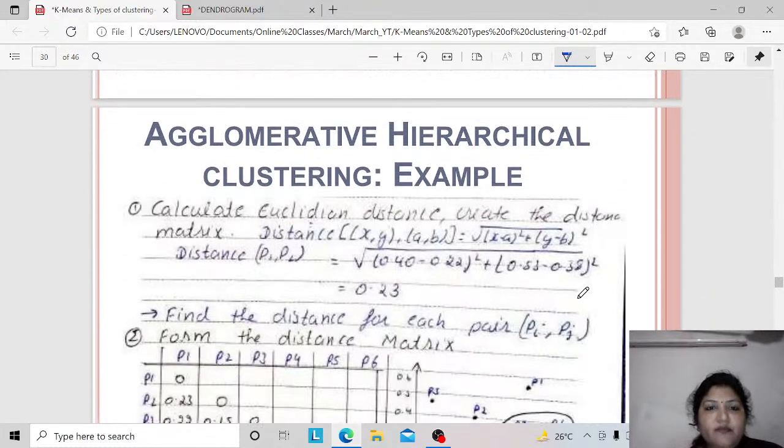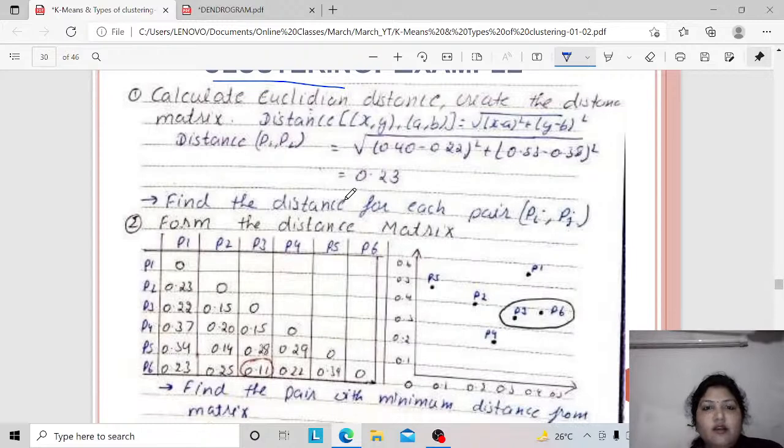And let us see how it works. Agglomerative hierarchical clustering example. So calculate Euclidean distance, create the distance matrix that you have for x and y, a and b. You have the Euclidean distance method, right?